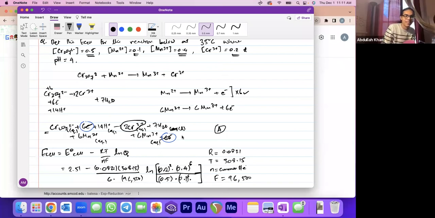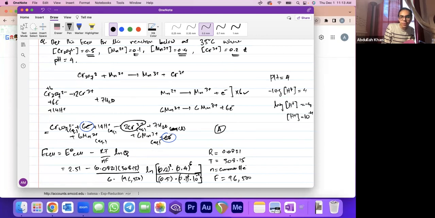Exactly. So if pH is 4, which means that the negative log of H+ is 4, which means that the log of H+ is -4, which means that H+ is 10 to the -4, taking 10 to the power of both sides. Excellent. So this is going to be 10 to the -4.